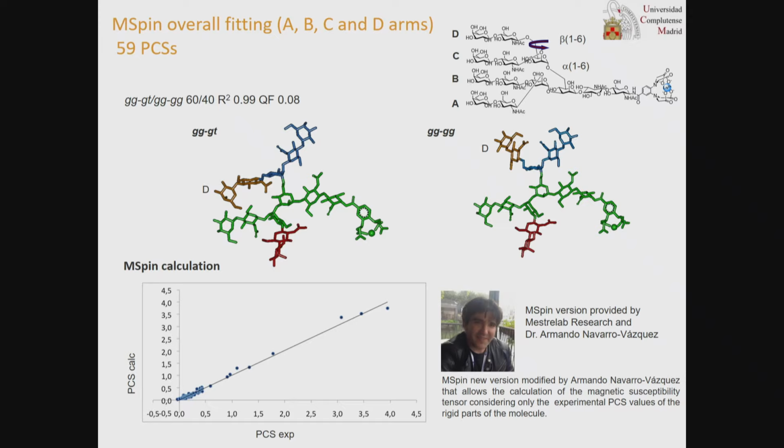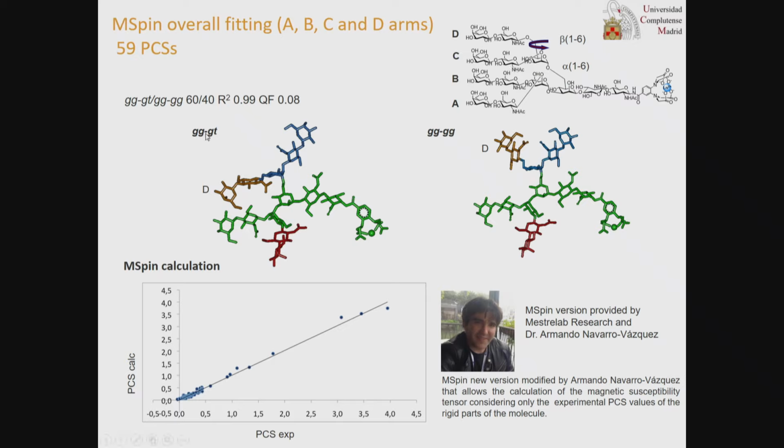But in the end, what we realized is that we could fit these pseudo-contact shifts very nicely, this is the AB arm and this blue is the C arm, considering just 1 conformer in the middle alpha-1,6 linkage, and it's the gauche conformation.